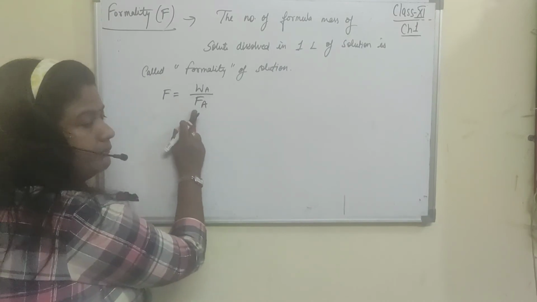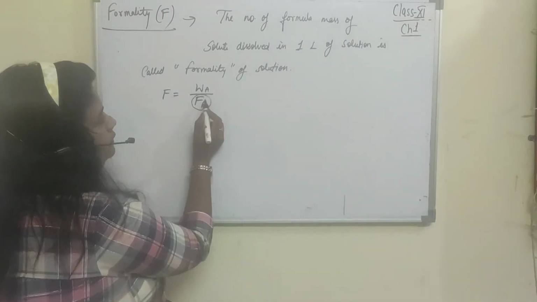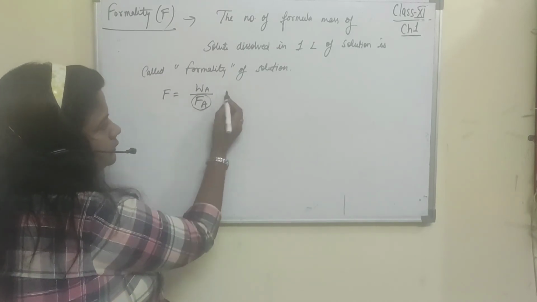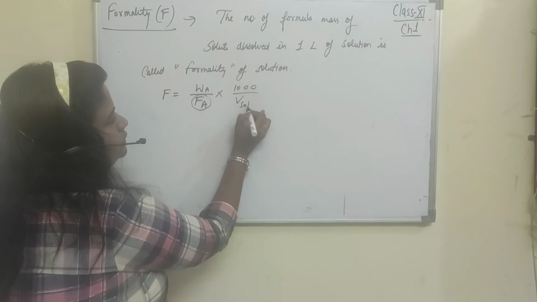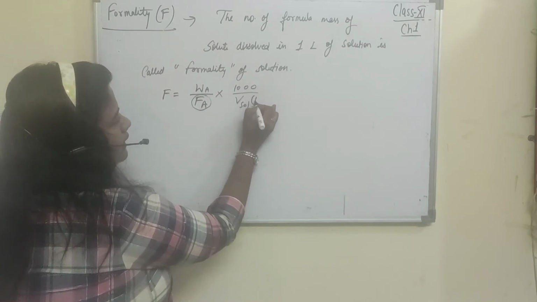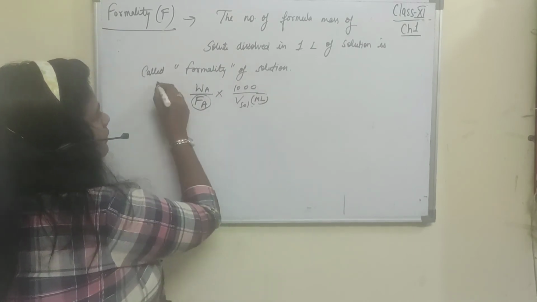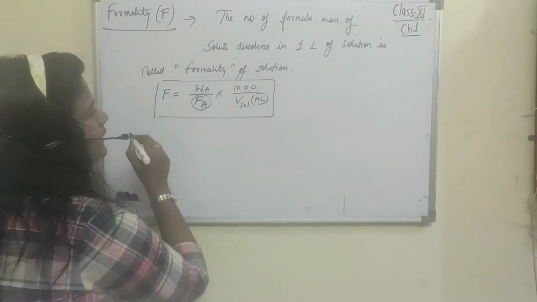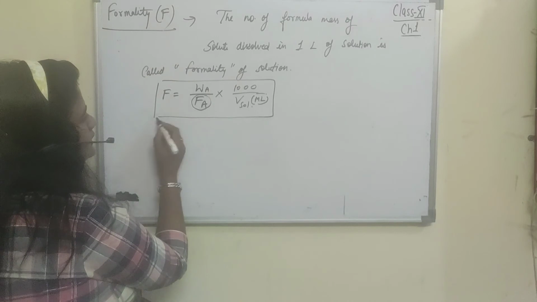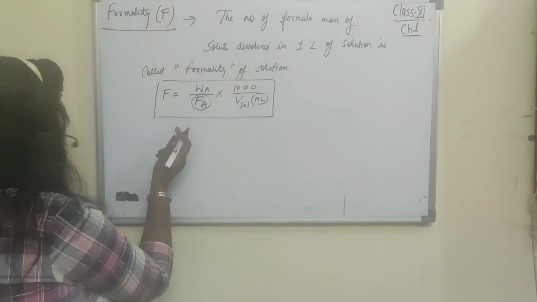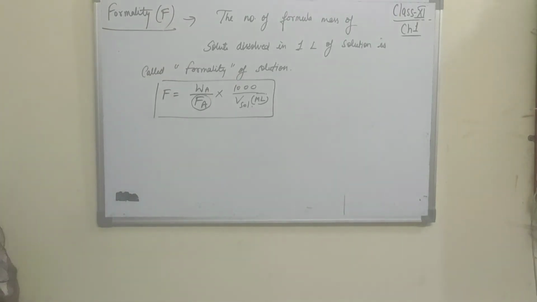In place of MA and EA, I am using here formula mass of solute, into 1000 upon volume of solution in ml. Okay, formality of the solution. Suppose NaCl formula mass, we will do the sum here based on it.